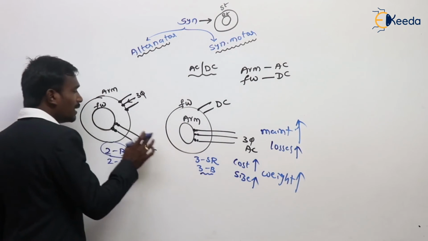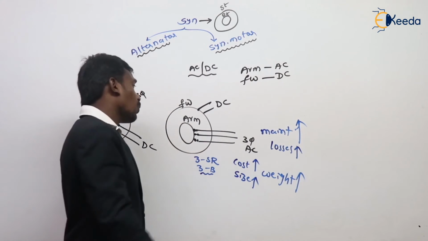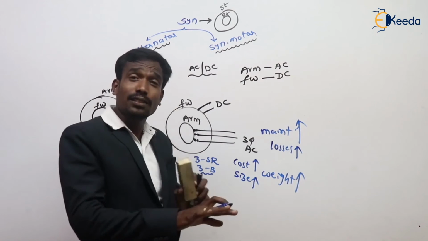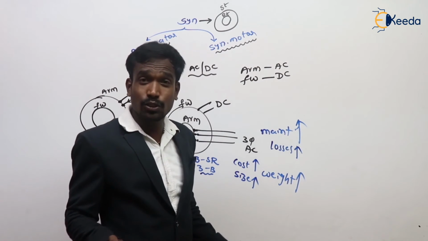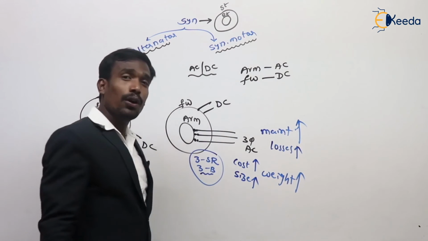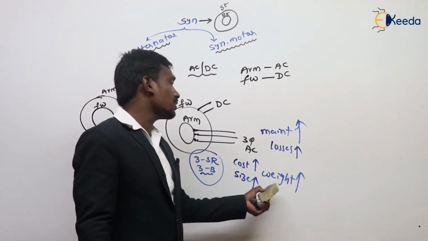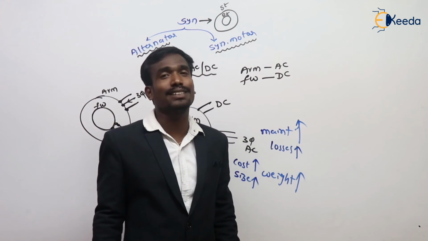So why is the stationary armature more preferable, or why is the rotating armature not preferable? If they ask you this question, here is the answer. We require more slip rings and more brushes, which increases the cost, size, weight, losses and maintenance.